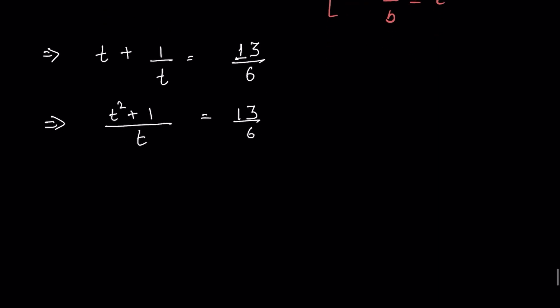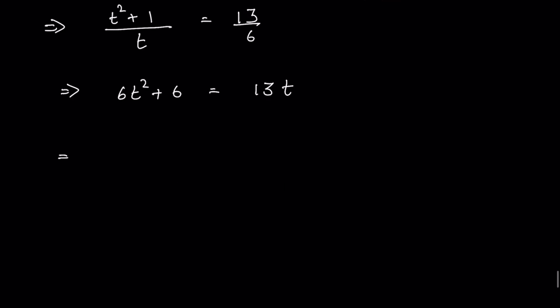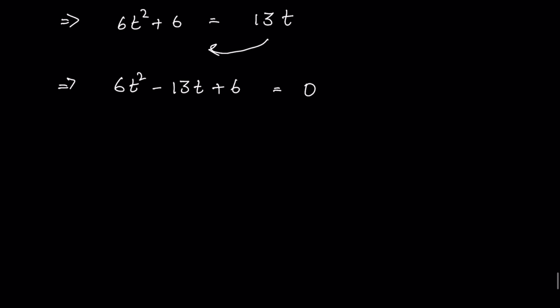We cross multiply, so it is 6t square plus 6 equals 13t, or sending 13t to the left hand side, 6t square minus 13t plus 6 equals 0. Now this is a quadratic equation. We can factorize it and find the value of t. So 6t square minus 13t, we can write 9t minus 4t plus 6 equals 0.